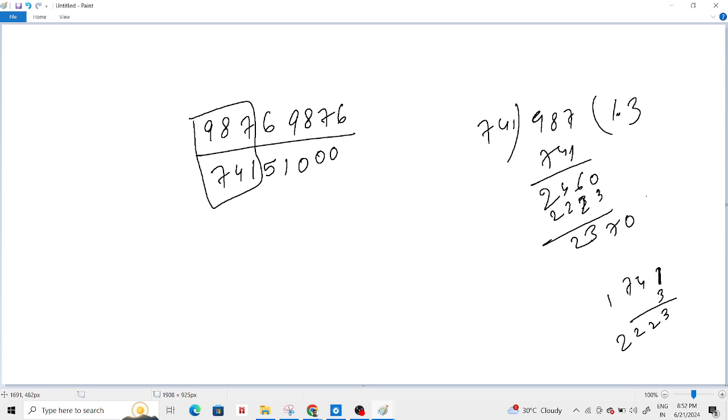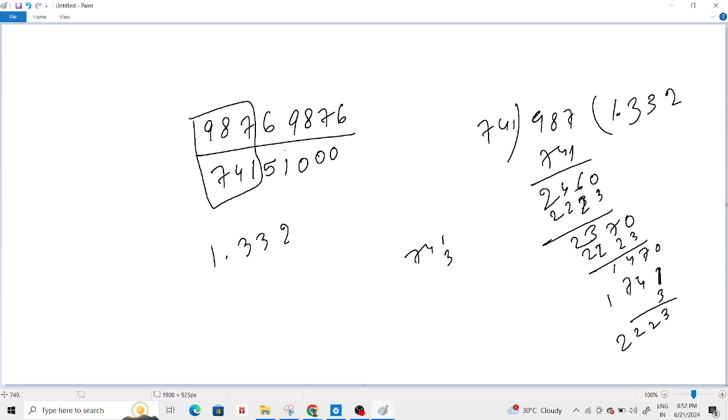Fine. And then near about 2. Okay, so I'm getting 1.332, but I have added 3 zeros in the denominator.